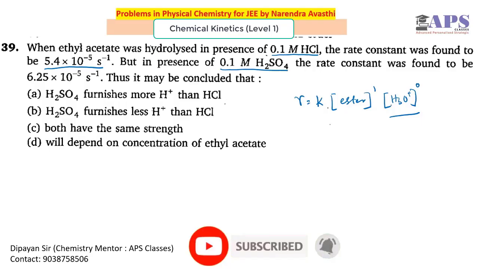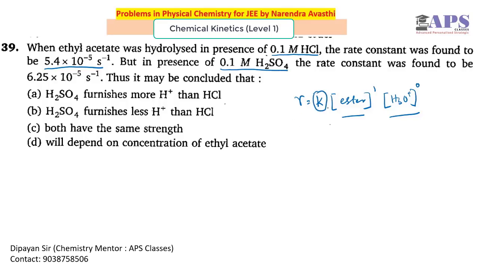So we can see there is no change in concentration of ester, so the rate directly depends on the rate constant. So we have to consider why the rate constant values are different. If we closely look at the rate constant according to Arrhenius, k equal to A e to the power minus Ea by RT. And this A depends on two factors, one is the probability factor, another is the collision factor.